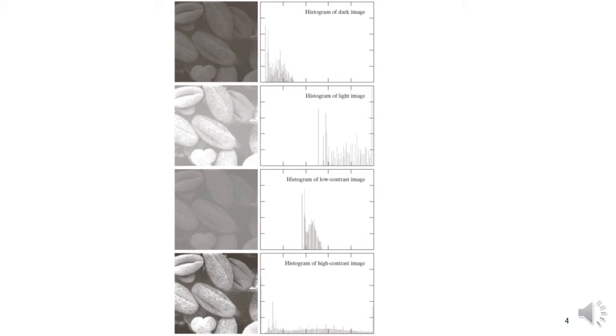If the image is high contrast, we know that all the pixels have intensities which are distributed along the range of the intensity. So you can see in the histogram of this high contrast image that all values are covering the whole x-axis.